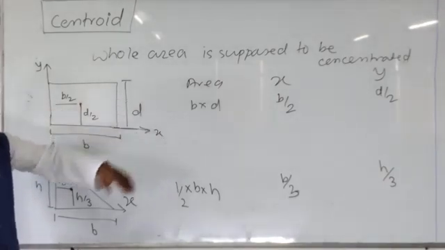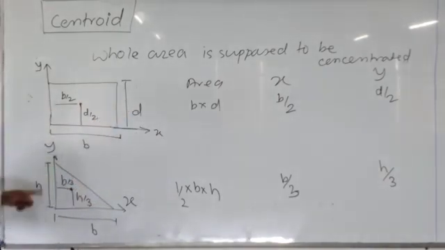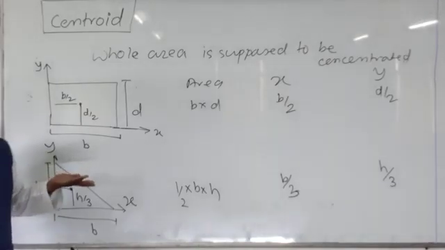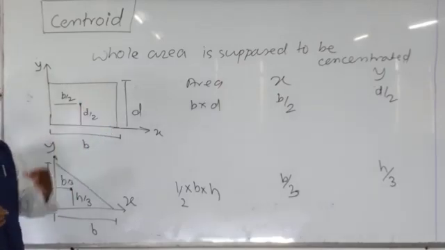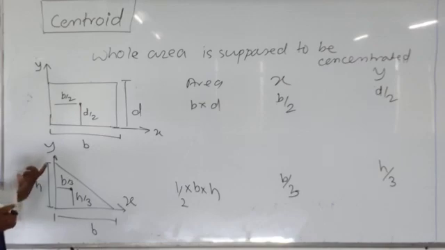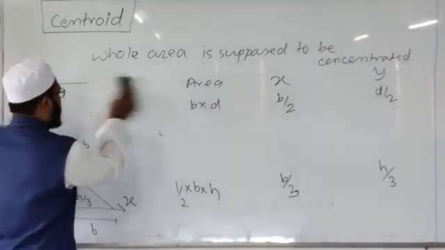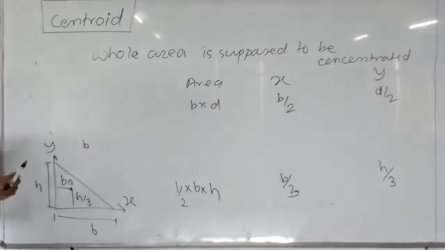This b by 3, h by 3, x and y coordinate is as per the given x and y axes. Whenever the position of the axes changes, we will calculate the x and y coordinates with reference to the given axes. The third standard figure is a circle.